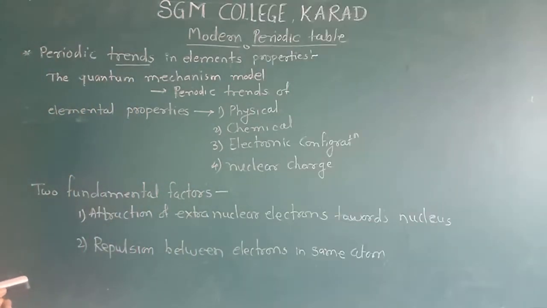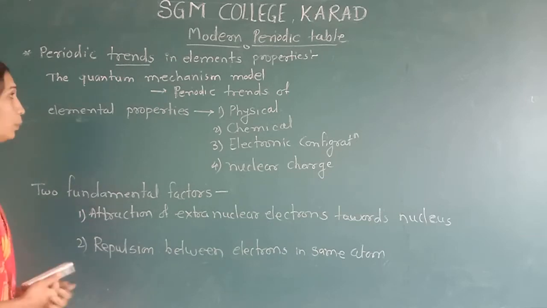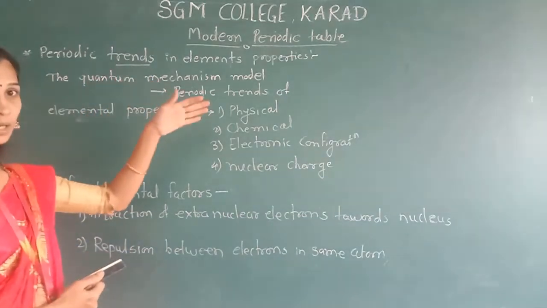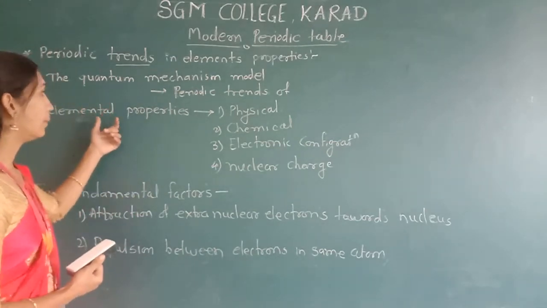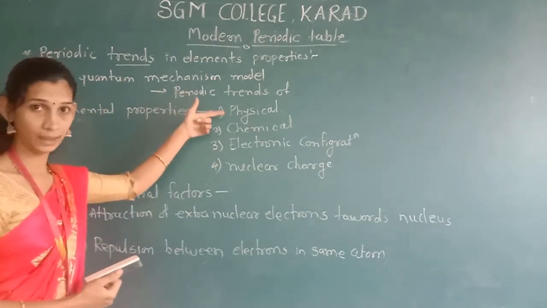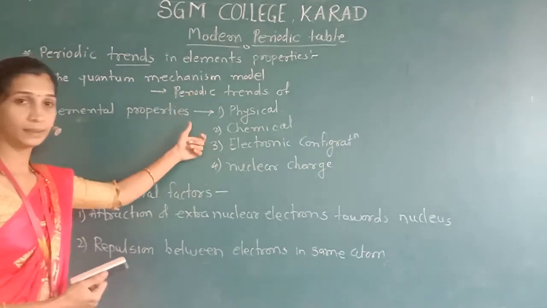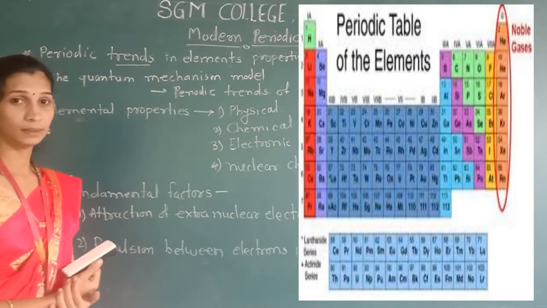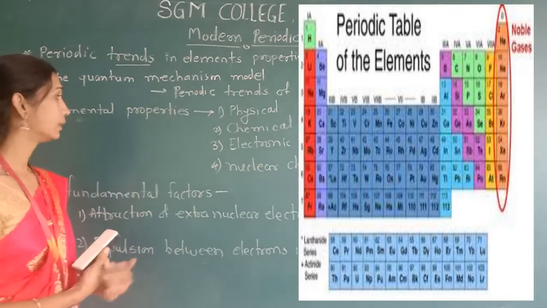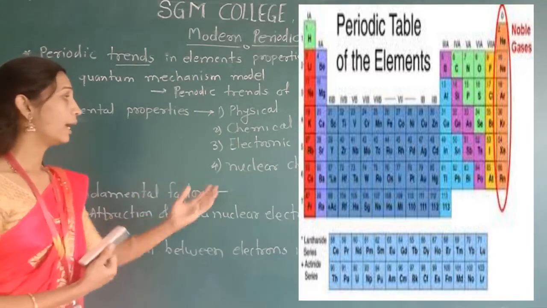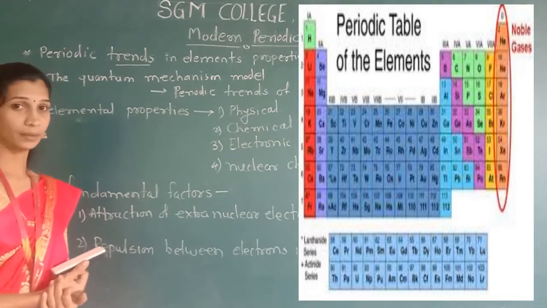Now, by using the quantum mechanical model, we observe the periodic trends. By the elemental properties we see the physical properties of the elements in the periodic table, chemical properties of the elements, also electronic configuration and nuclear charge.